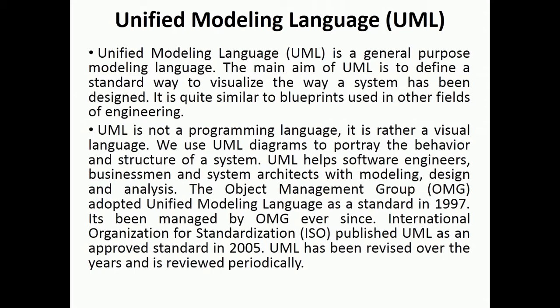Means Object Management Group adopted this language in the year 1997 and ISO published UML as approved standard in 2005. So UML has been revised over the years and it is reviewed periodically. Time to time it was reviewed and is revised.